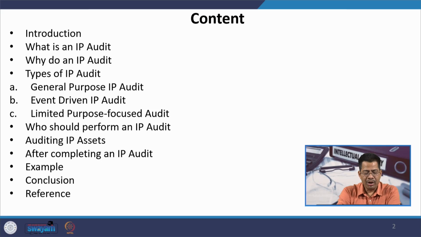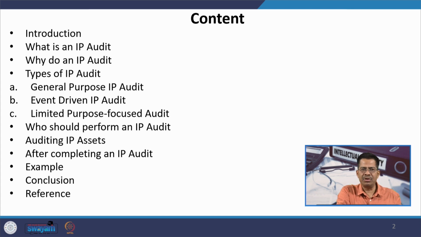on IP audits. Now, when I talk of IP audit, we will be covering what is IP audit, why we should do this IP audit, different types of IP audit like general purpose IP audit, event driven IP audit, limited purpose focused IP audit, then who is the right person, the insiders or the outsiders, to do your IP audit, and the various issues in completing the IP audits.